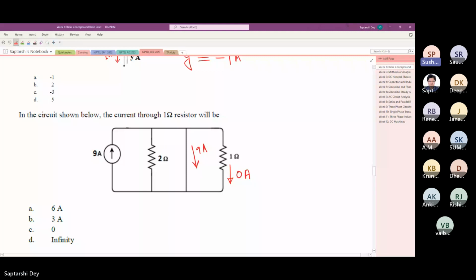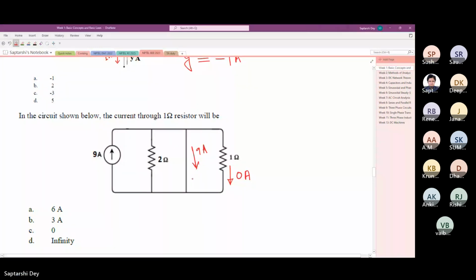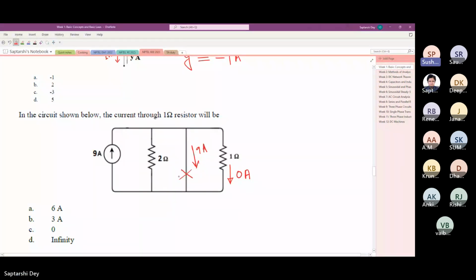If we can remove the short circuit path, that's enough, or we can connect a resistance in the short circuit path. Yes, that also will do. And sir, in this question, the current through 2 ohm will also be 0. Yes.